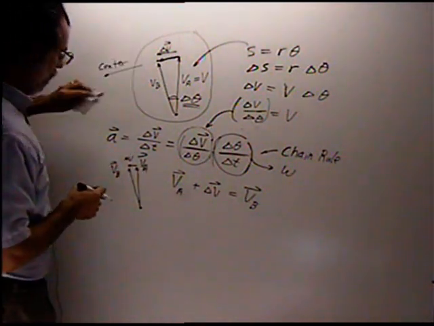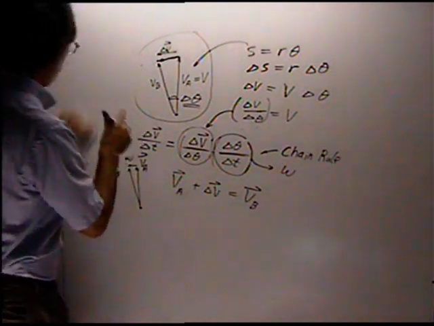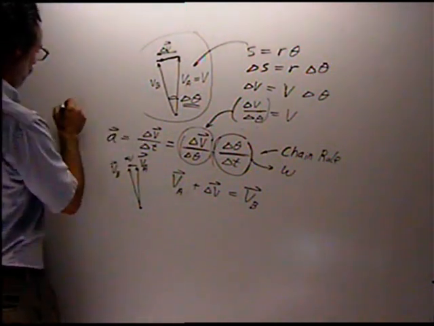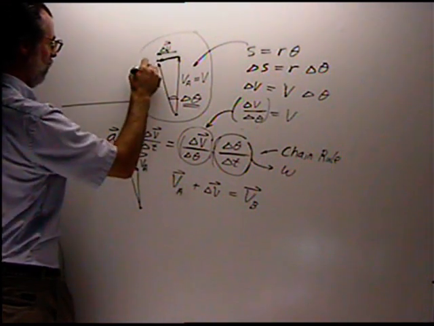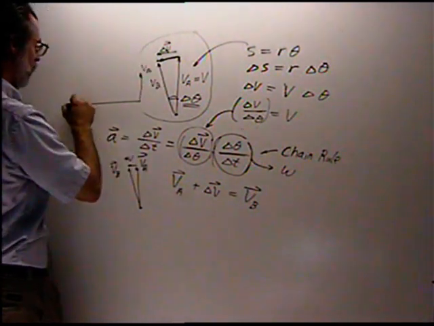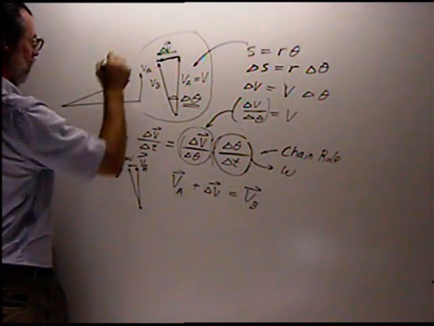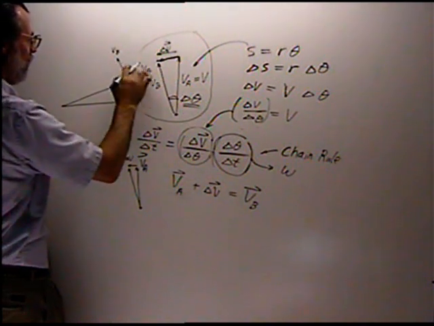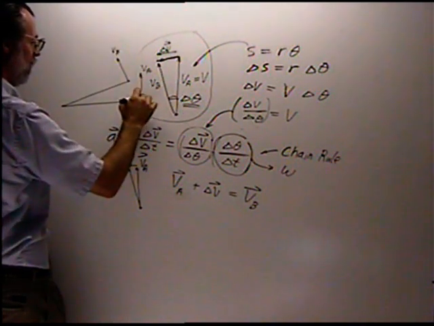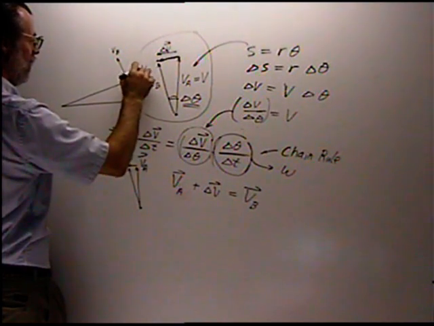If here's the velocity VA, and at a small angle later the velocity VB is here, this change in velocity, that delta V, where is it directed?